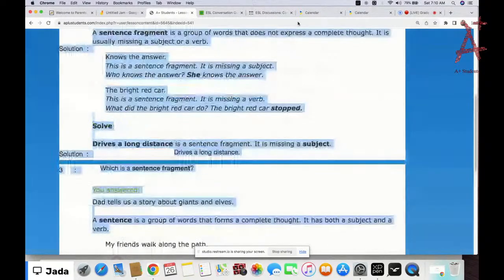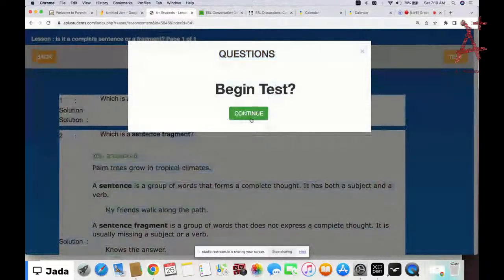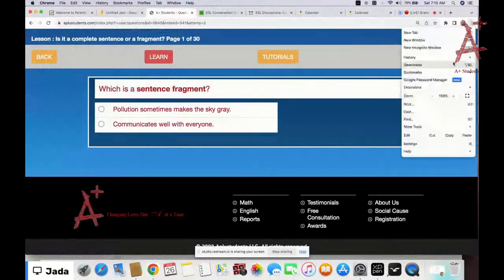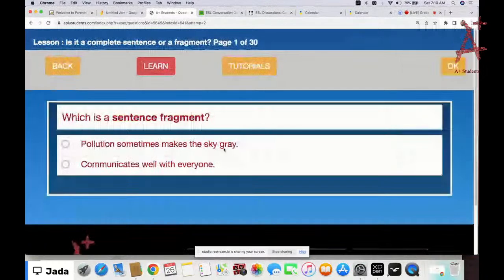So, we'll move into the test now. So, it says, which is a sentence fragment here? Which is a sentence fragment? So, I'm just going to make it a little bit bigger. So, which is a sentence fragment? Pollution sometimes make the sky gray.